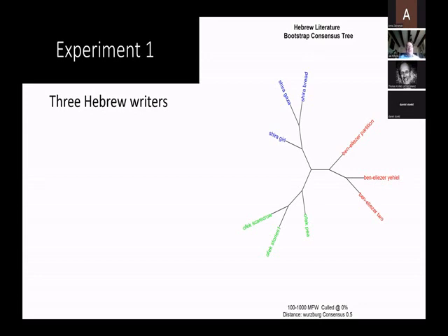So here I have three Hebrew writers, and I chose them because they're also translators, and that's what I want to talk about. The result of this bootstrap consensus tree analysis is that Shoshana Shira is Shoshana Shira, and that the two other translators, Ben Eliezer and Ophir, when they write their own stuff, because they're all just Hebrew originals, they have their own authorial thumbprint, and it's pretty easy to tell one from another.